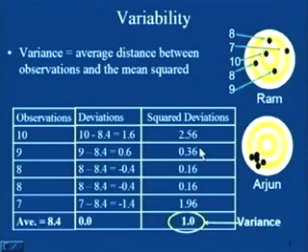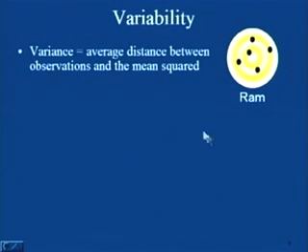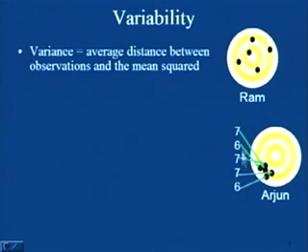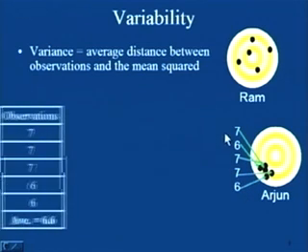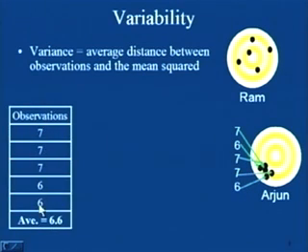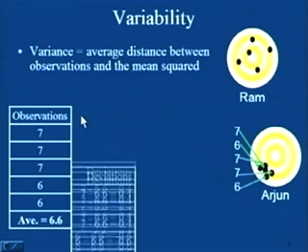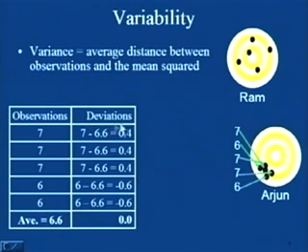So, let us see for Arjun. These are the observations 7, 6, 7, 7 and 6 for Arjun, and the observations have been listed here. The average value is 6.6 that we have already calculated. The deviation, as we have already defined, is observation minus the mean.